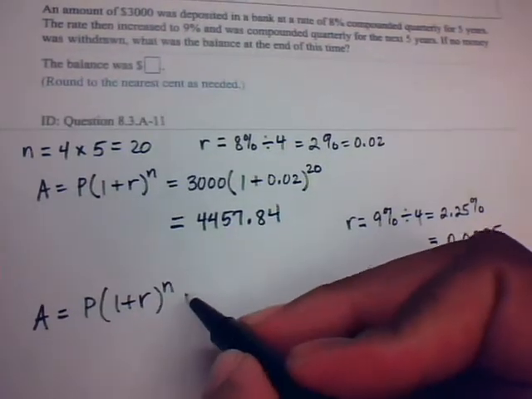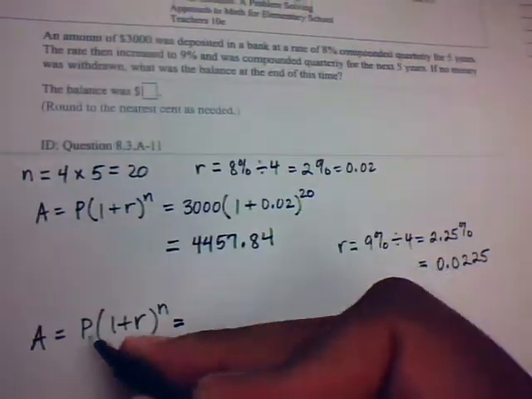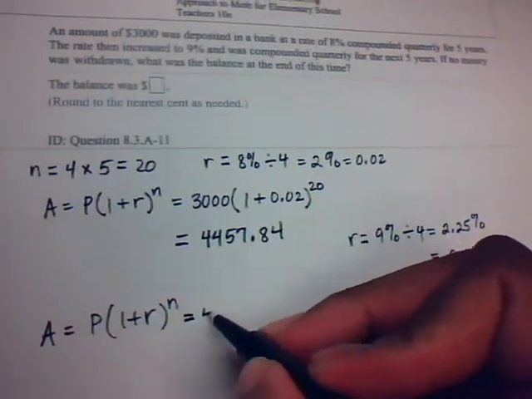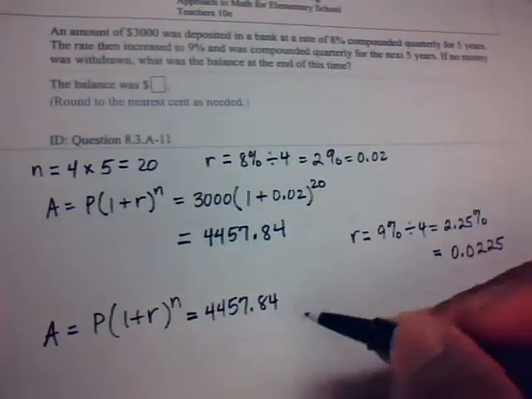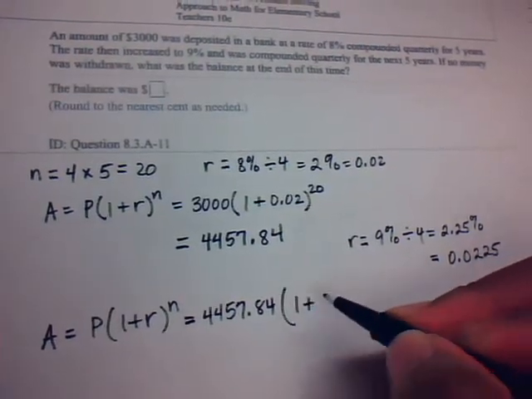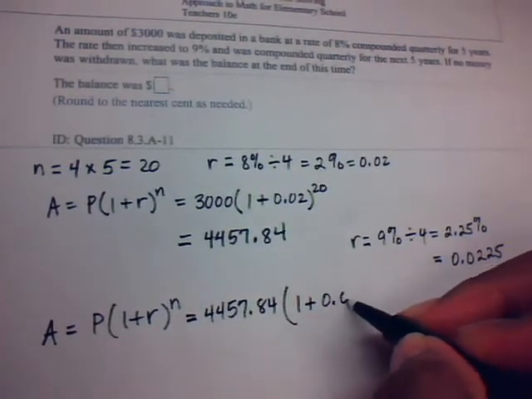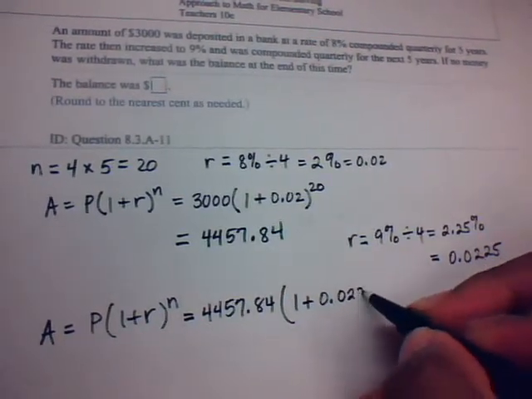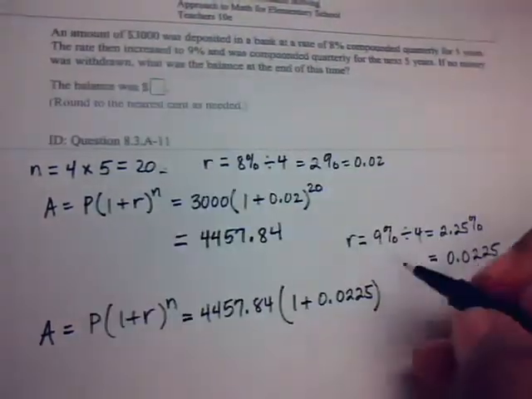Okay, so here, when we replace our variables with those given values, this P will be that $4,457.84 times 1 plus R is 0.0225 raised to the, of course, 20th power.